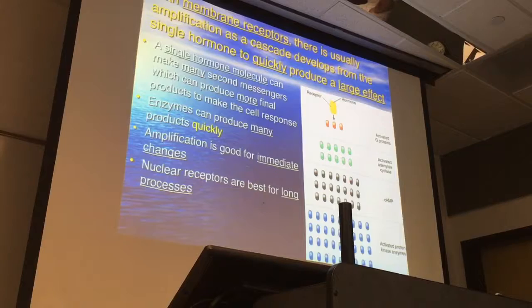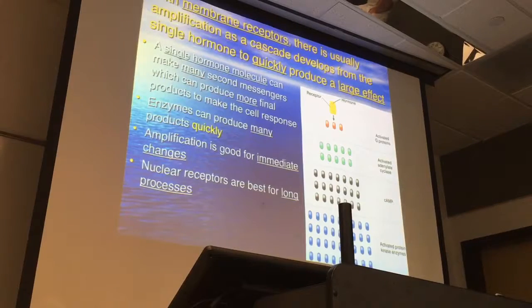So you can produce a quick response, and notice it's a cascade, because that can produce several, each of those can produce several, each of these can produce a whole bunch, and each of those can activate a large number of even different enzymes. This is called hormone amplification, or a cascade, where you get increasing numbers.